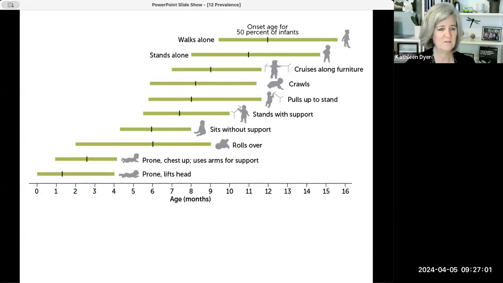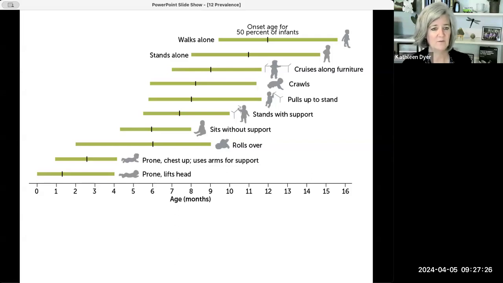Sits without support, it looks like the average age is about 6 months. That's when kids can sit without support on average. But the green bar around it presents 2 standard deviations. So what they're saying is 95% of kids sit without support somewhere between 4 months and 8 months. They're telling you how much variability is normal here.